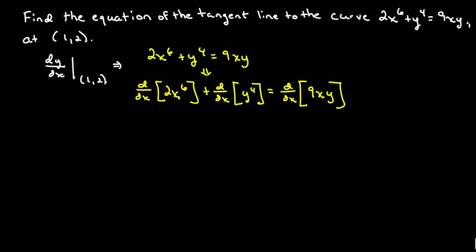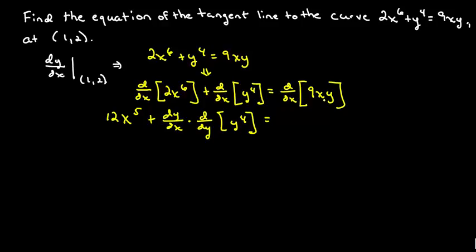Okay, so the derivative with respect to x of this guy is pretty easy to do. 6 times 2 is 12 x to the 5th plus. Now the derivative of this guy is going to be dy/dx, this is the chain rule, times d/dy of y to the 4th.